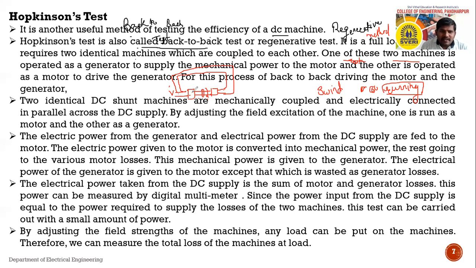The generator runs on the output of the motor, and the motor is fed with the output of the generator. So we are feeding back the output of the generator as an input to the top motor. So both machines are running independently. A very small amount of supply is taken from the supply line.